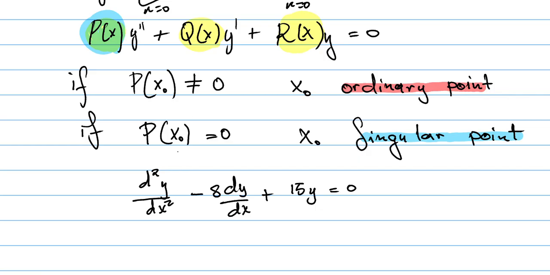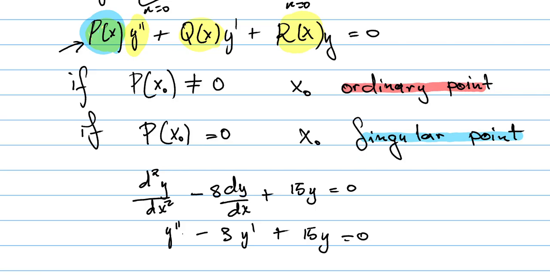To check if it's ordinary or singular, you should check this function, which is the coefficient of y double prime. You can rewrite this as y double prime minus 8y prime plus 15y.